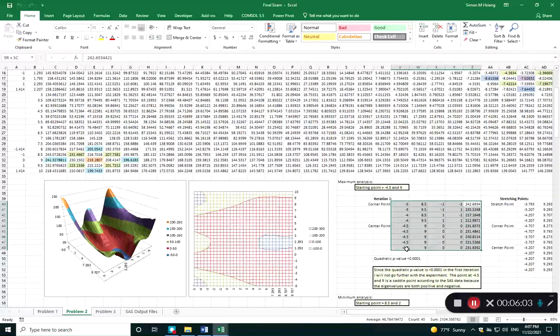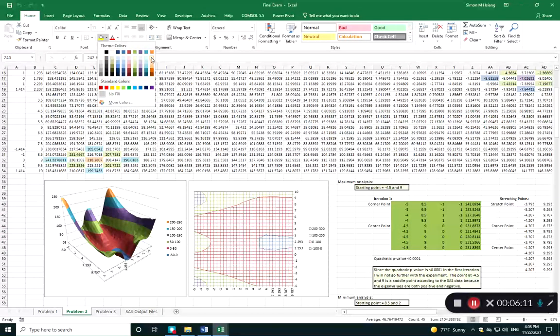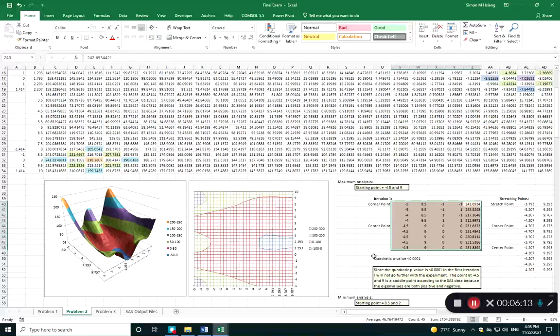This look familiar? You know, she started from 1 point, and she checked the quadratics is not significant. Keep going.